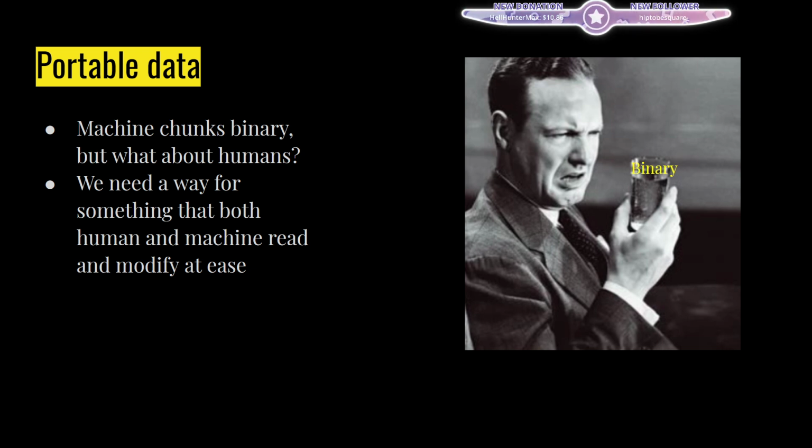They would need to make a change in something that they understand. Then they would need to convert that to a binary, and really nobody would change the data directly. So it was simply not efficient enough. Something that a machine could understand was not something that a human could understand well. And humans wanted something that they could work with as well and make those quick changes by themselves.